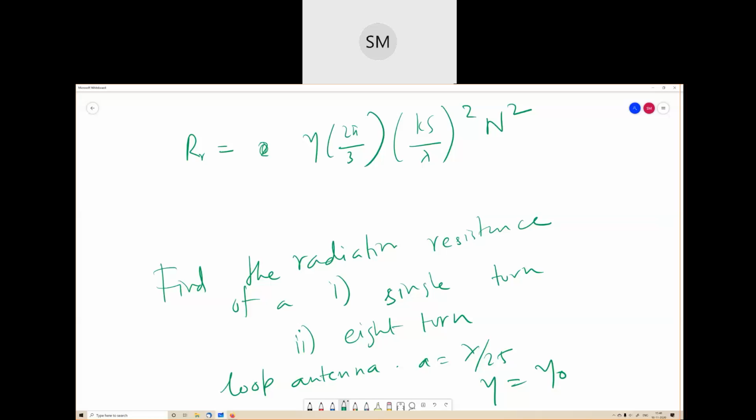Yes, very good. And for 8 turns, just multiply it with n square. Very good. It's close to 50 ohm, right?